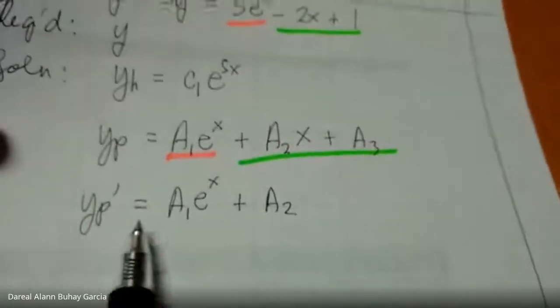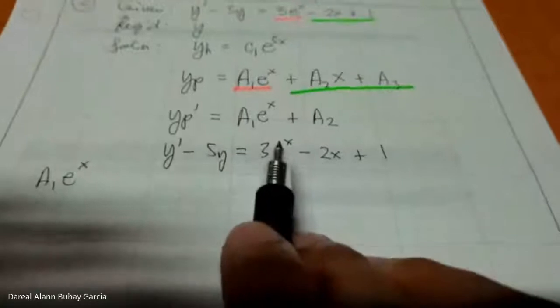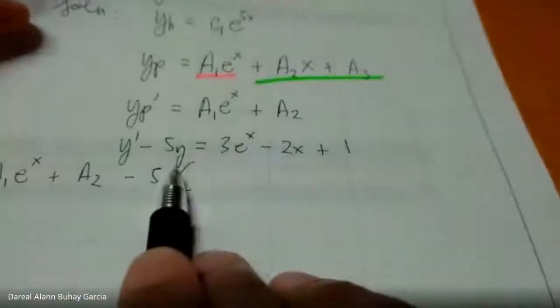So, substitute it into the original given: y prime minus 5y is equal to 3 e to the power of x minus 2x plus 1. y prime is this one: A1 e to the power of x plus A2, minus 5 times y. y is this one: A1 e to the power of x plus A2x plus A3, equal to 3e to the power of x minus 2x plus 1.